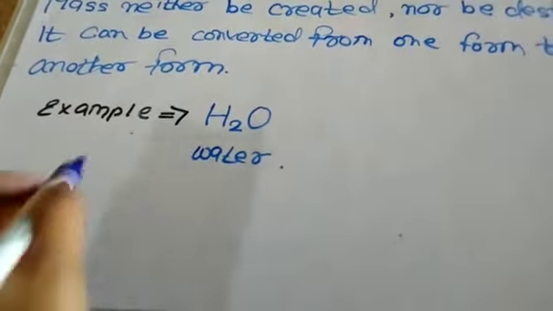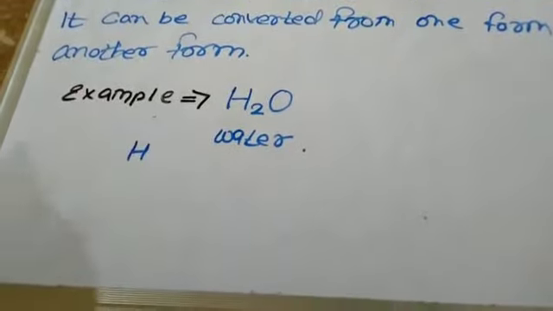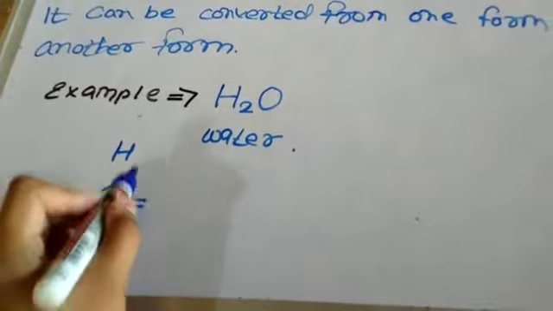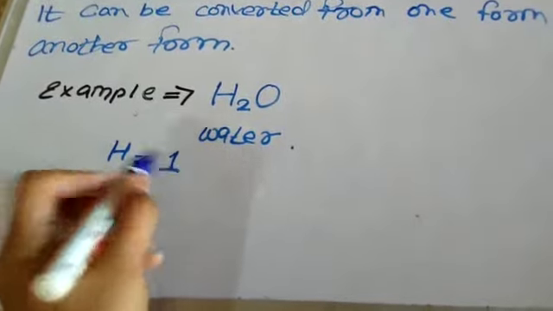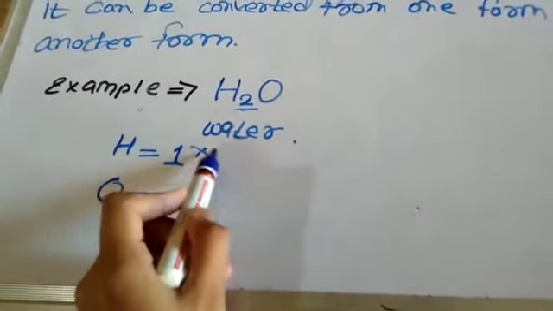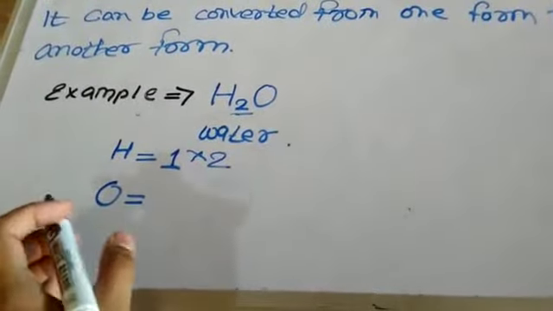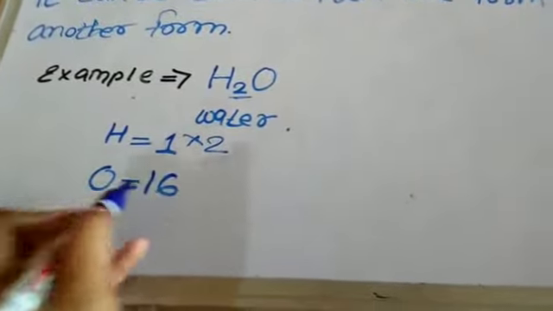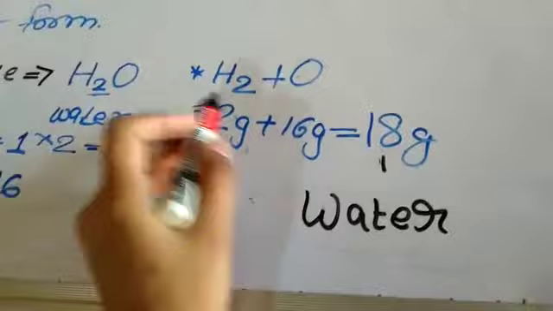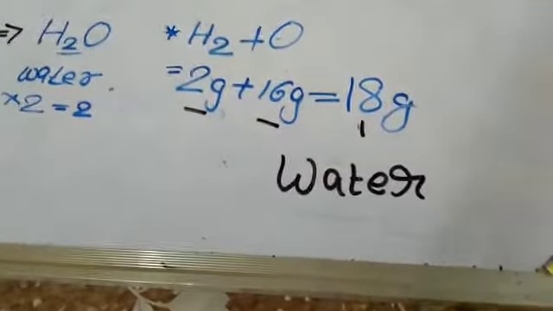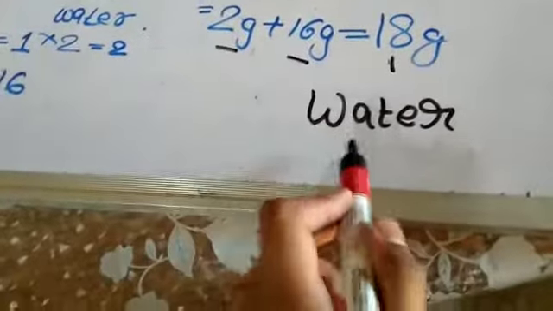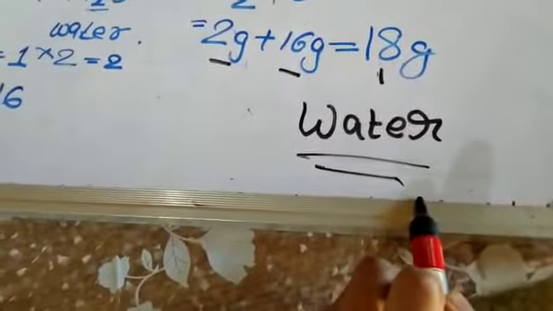To make water, I need some grams of hydrogen and some grams of oxygen. The mass of hydrogen is 1. It has 2 atoms, so we multiply by 2. And the mass of oxygen is 16. So that will be equal to H2O. The mass we got is 2 grams plus 16 grams, that will be equal to 18 grams. So what we got? We got water.